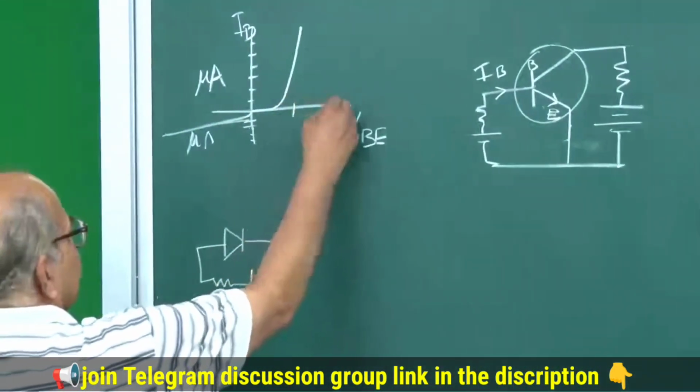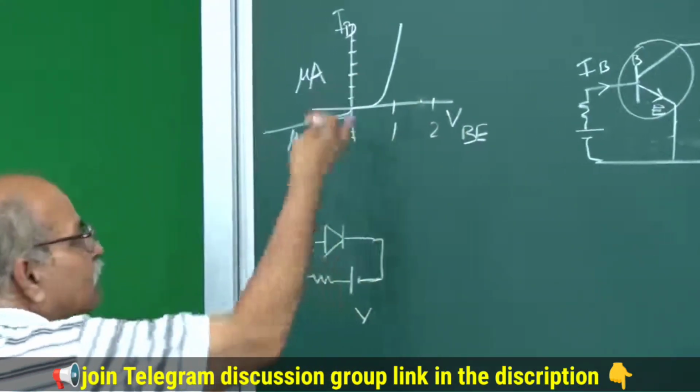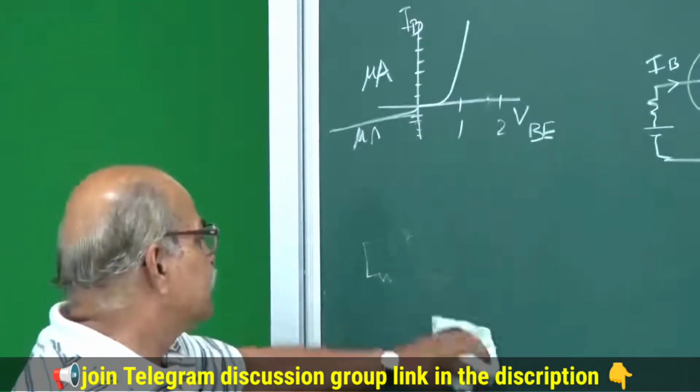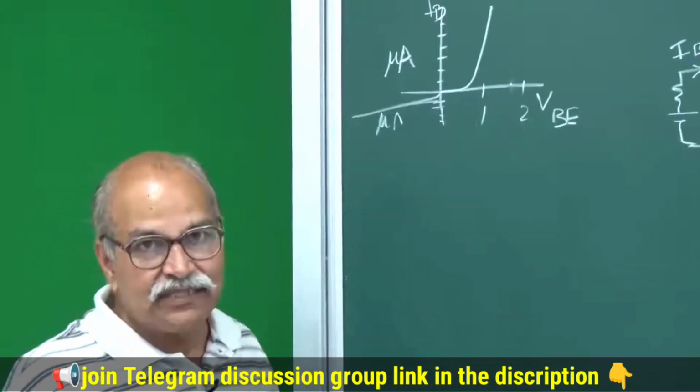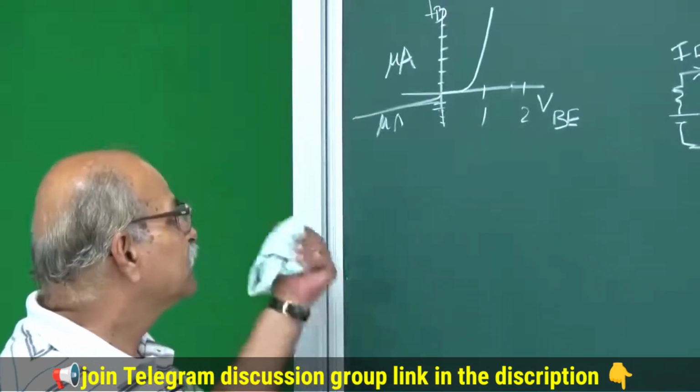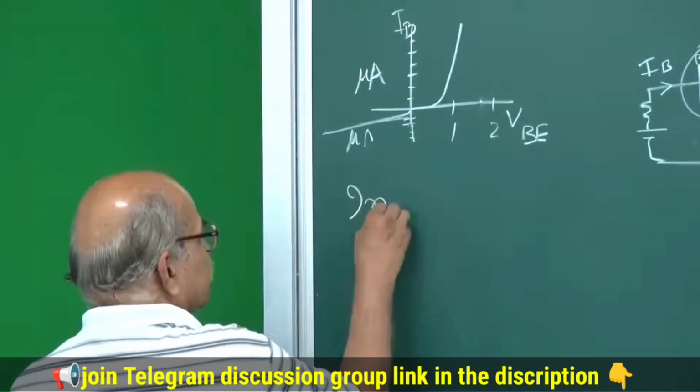And this is of course the same, 1 volt, 2 volt. If it is silicon, 0.6 or 0.7 volt is that barrier, and so it cannot exceed that. So this is the kind of characteristic. This is known as the input characteristic.